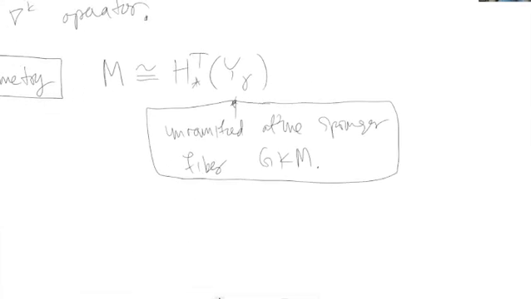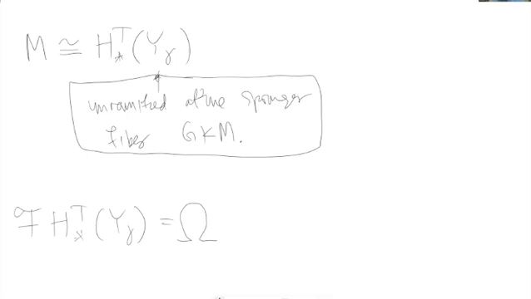So there's two points here. The first is that M is isomorphic to the Springer fiber. And the second is that the Frobenius character of the Springer fiber is equal to omega. This statement was also kind of conjectural in that paper, but it is proved in that same paper by Losev and Alvarado.